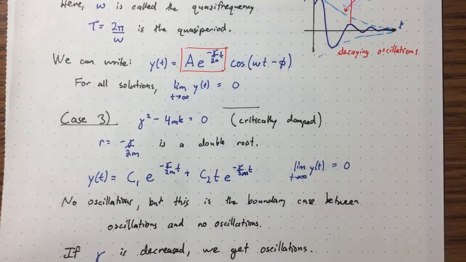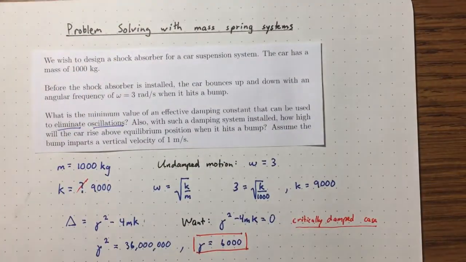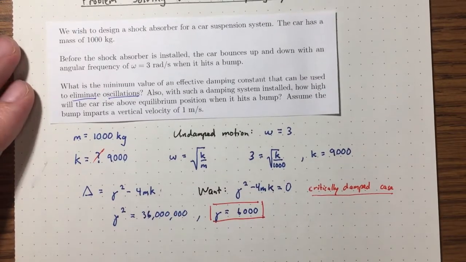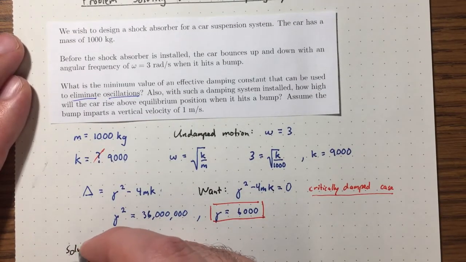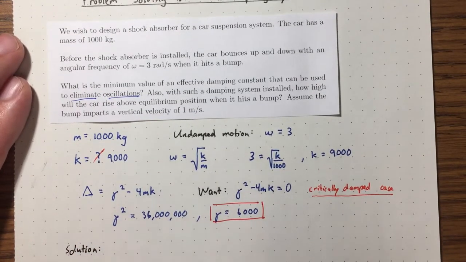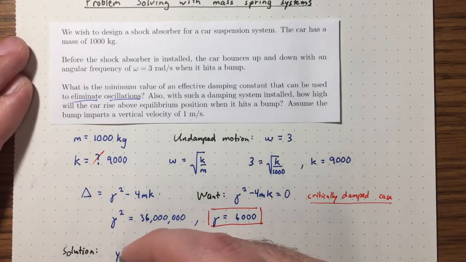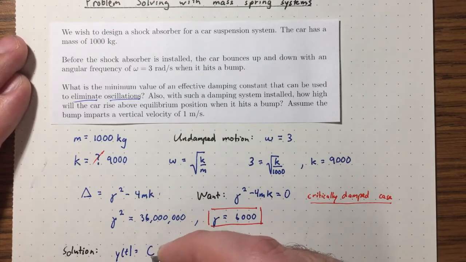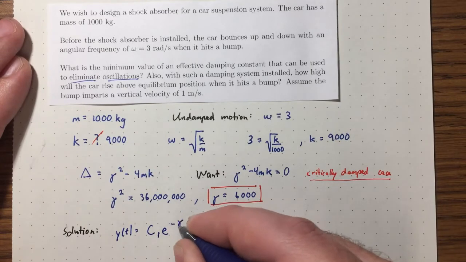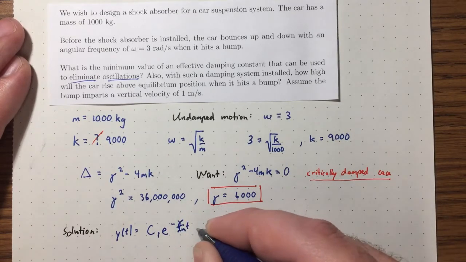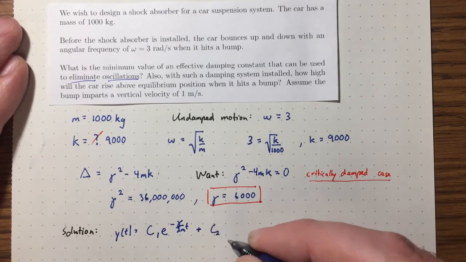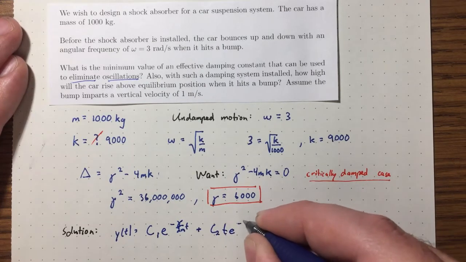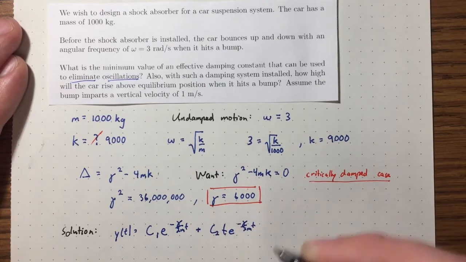All right. Let's write that down. So here's our solution to the differential equation. So our general solution is C1 e to the negative gamma over 2m t plus C2 t e to the negative gamma over 2m t.